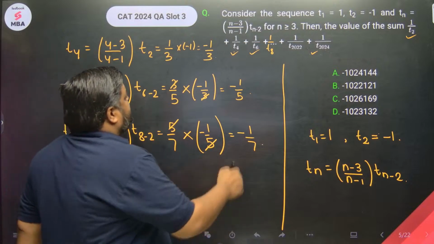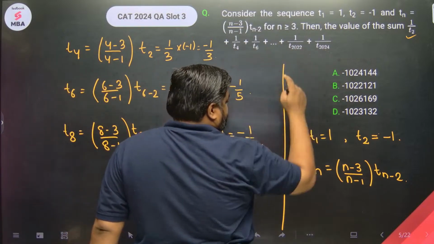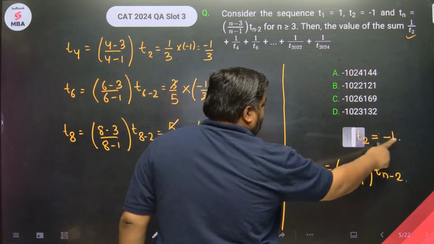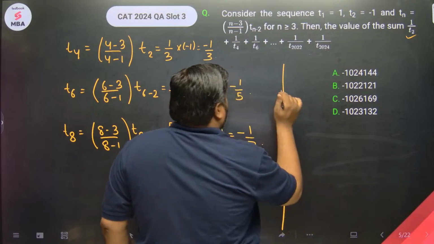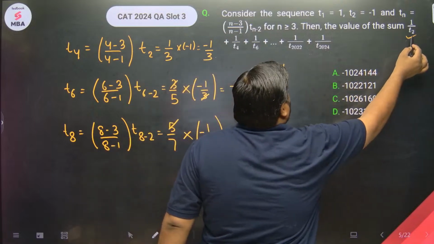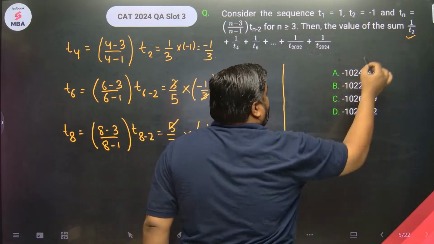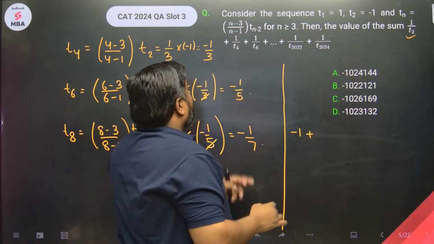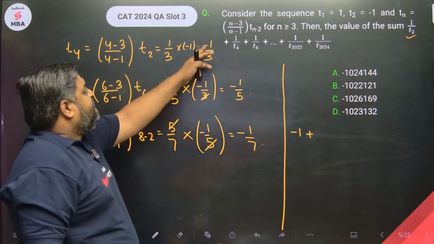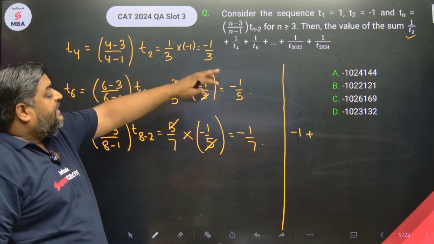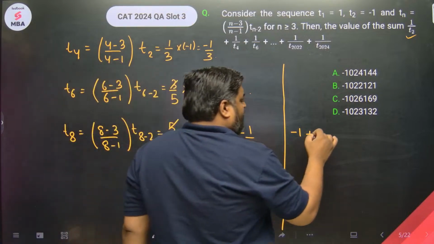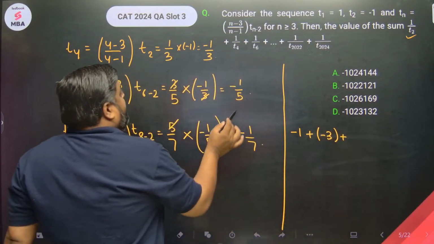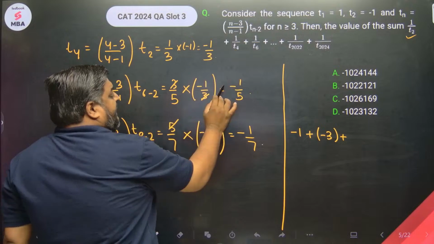अब ये निकालता हूं. I need this space. Now 1 by T2. T2 is minus 1. So 1 by T2 will also be minus 1. Plus 1 by T4. T4 is minus 1 upon 3. So 1 by T4 would be minus 3. Similarly, 1 by T6 would be minus 5.